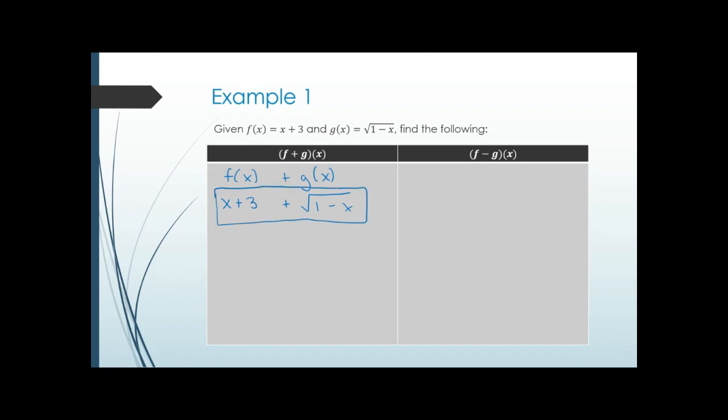You're just adding those equations together, and I can highlight the x plus 3, that is your f of x. And then if I switch to a different color, your square root of 1 minus x, that is the other function.